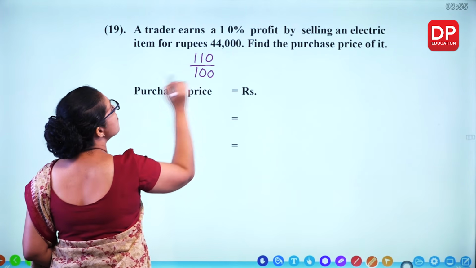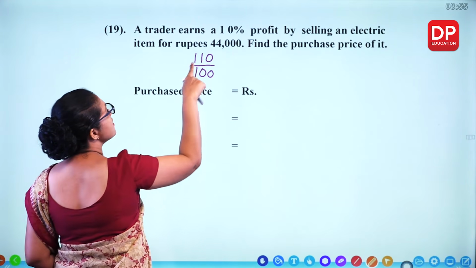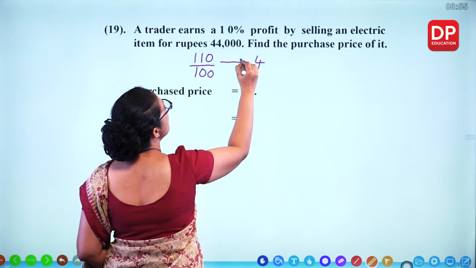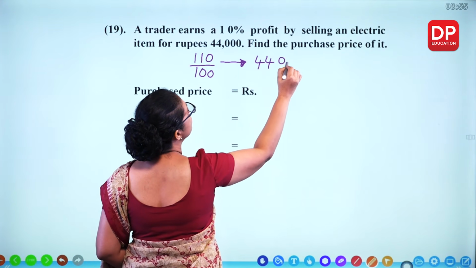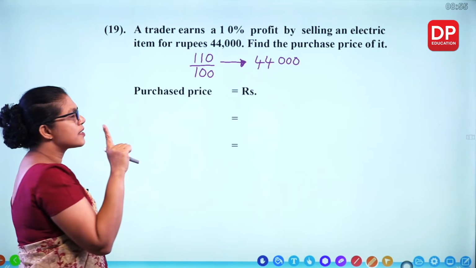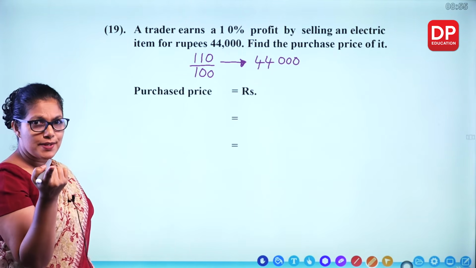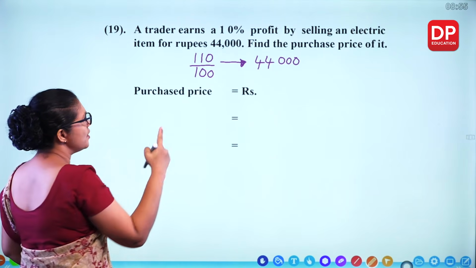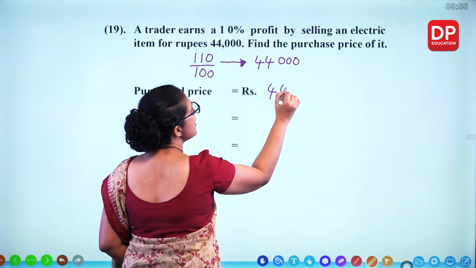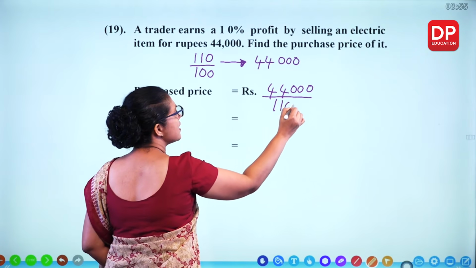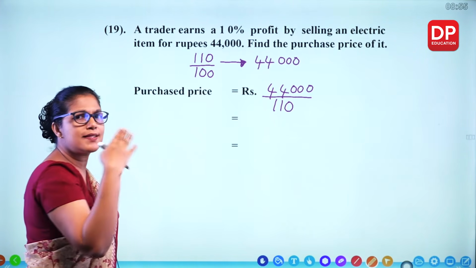So, I'll write down. This is the profit. 110 over 100 is 44,000. So what is one part? So you have to divide by 110, and to get 100% you multiply by 100. So we do 44,000 divide by 110, because 110 parts is that.